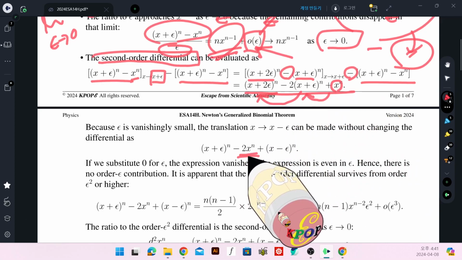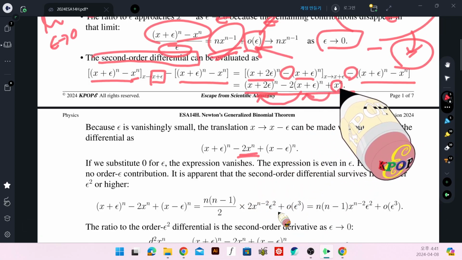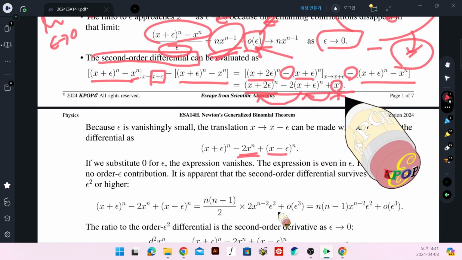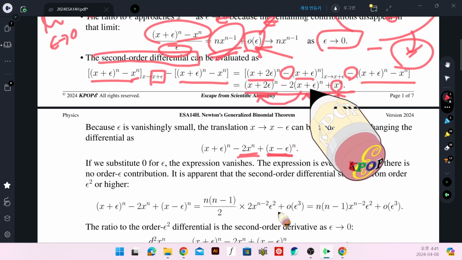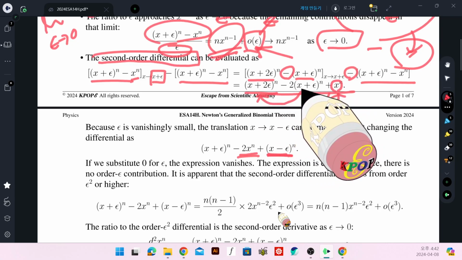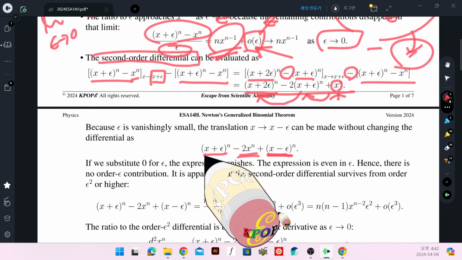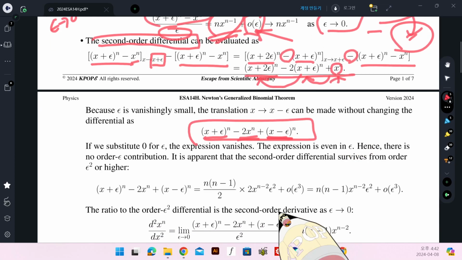So this is x, and this one is smaller by epsilon, so this is expressed as x minus epsilon, and this one is greater than x by epsilon, so this one is x plus epsilon. This expression is much simpler than this. Eventually, the result is identical to each other.